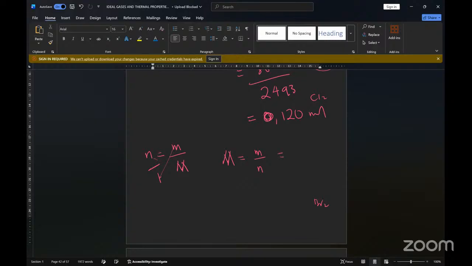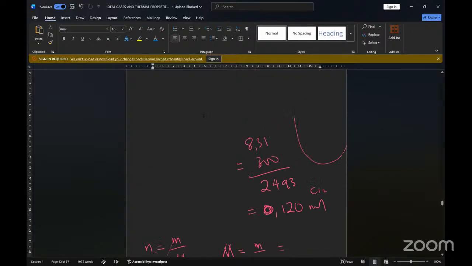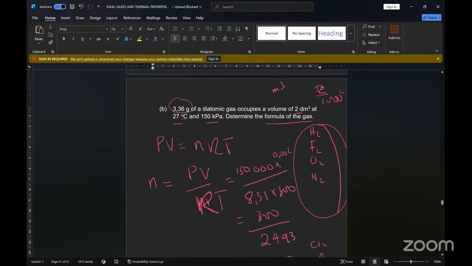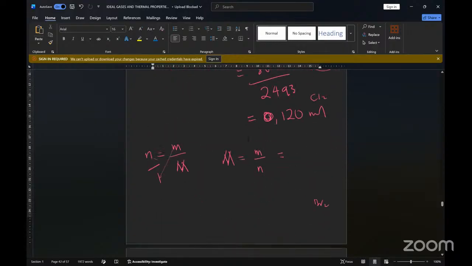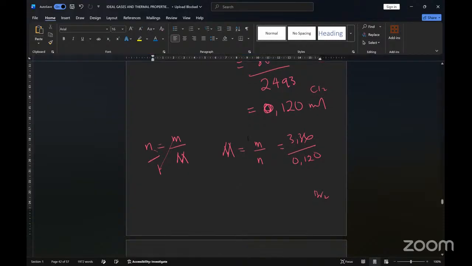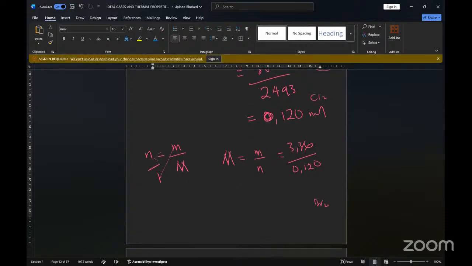The mass here, according to the question, is 3.36. So this is 3.36 divided by the number of moles, 0.120. With this one, it's always good to use as many values as possible, because if you convert them too much, you're going to have a problem.